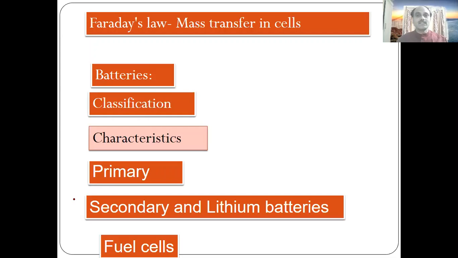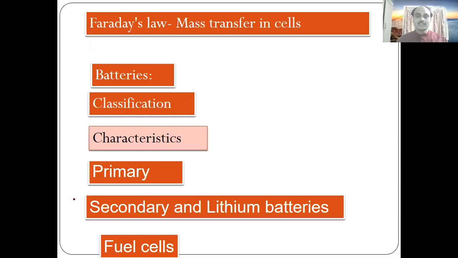Faraday's laws, mass transfer in cells. There are two laws of Faraday as per the electrolysis theory: Faraday's first law of electrolysis and Faraday's second law of electrolysis.